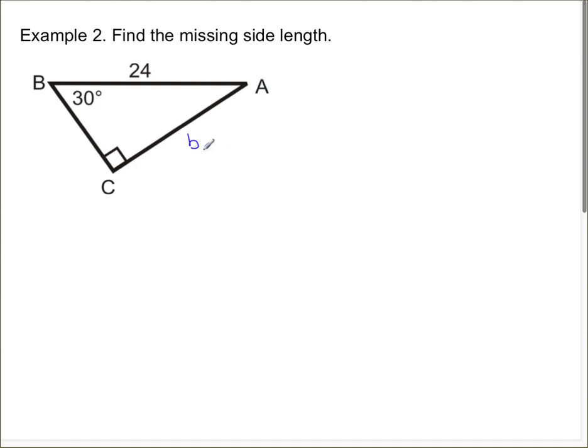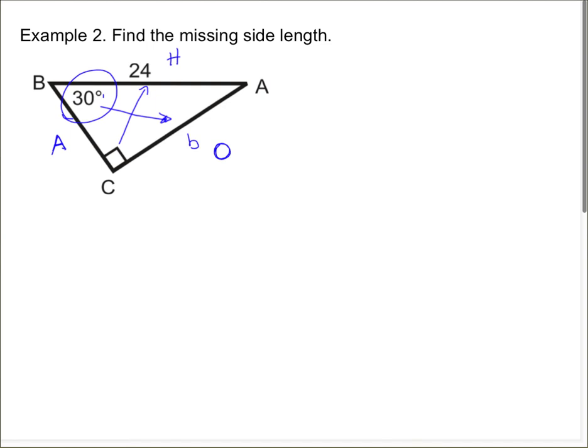So if we're going to find side little b, again, we start by circling the angle that we're going to use. And then we're going to label the sides. Well, this points the way to the hypotenuse. So that's the hypotenuse. Across from the angle I circled is opposite, so it's the O. And then the remaining side is called adjacent because it's right next to, it's touching the 30.